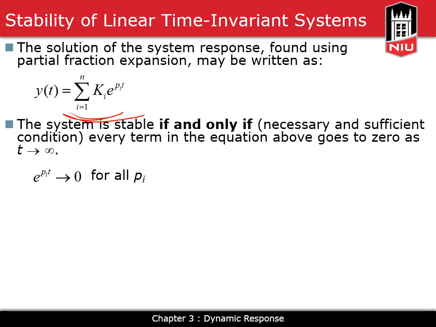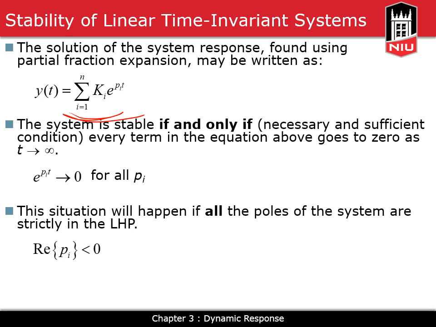If there is even one of those pi's that has a positive real part, then the response will be increasing with time. As t increases, that exponential term will increase, and the response obviously will be unstable. That also confirms the fact that we want all the poles of the transfer function to be in the left half plane, having negative real parts for the system to be stable.